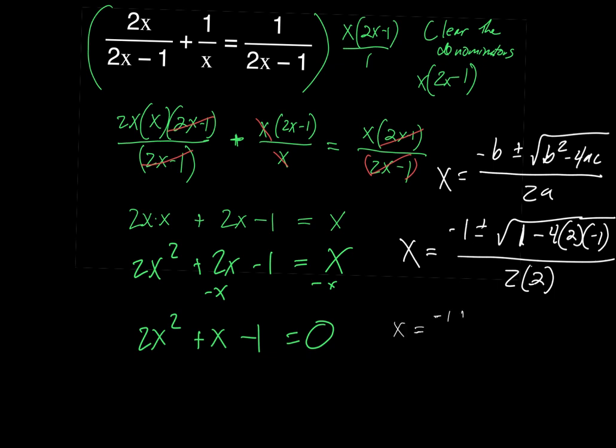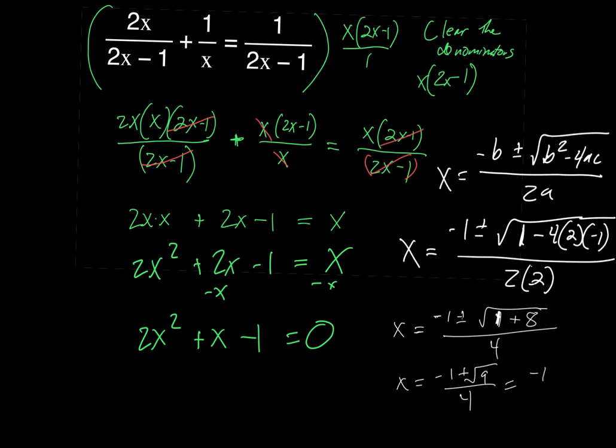x equals negative 1 plus or minus the square root of 1 plus 8, all over 4. x equals negative 1 plus or minus the square root of 9, all over 4.